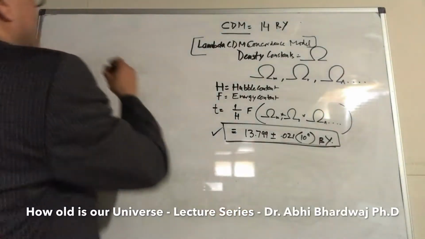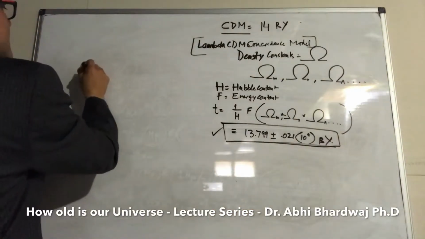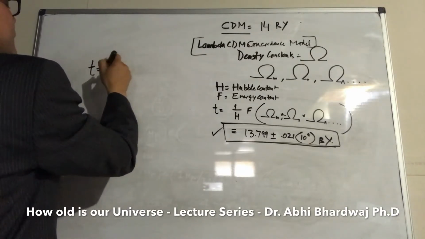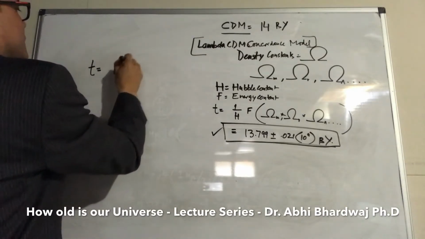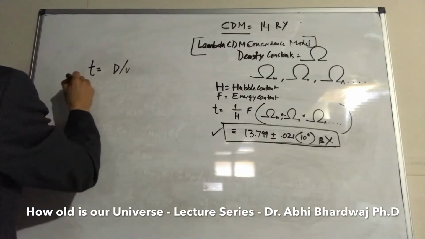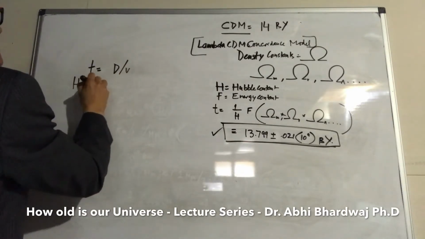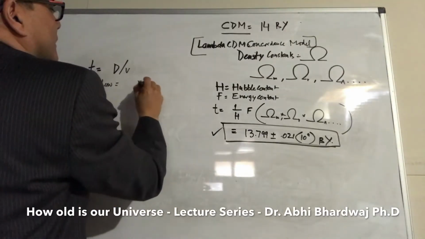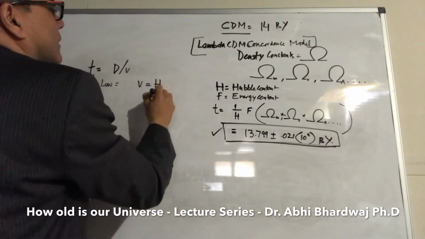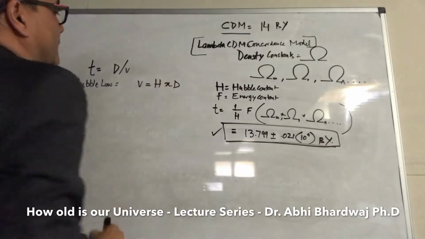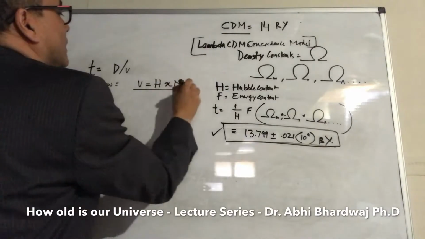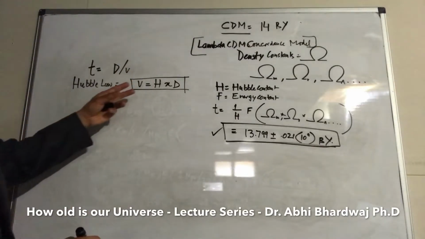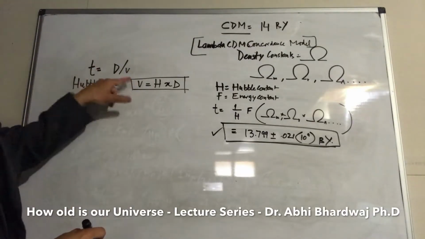So there is another formula: the total time since the universe was formed equals d over v, and Hubble's law tells us that v is equal to Hubble constant times d. So this is the formula for Hubble's law. When we rearrange, we can find out with this formula what the age is.